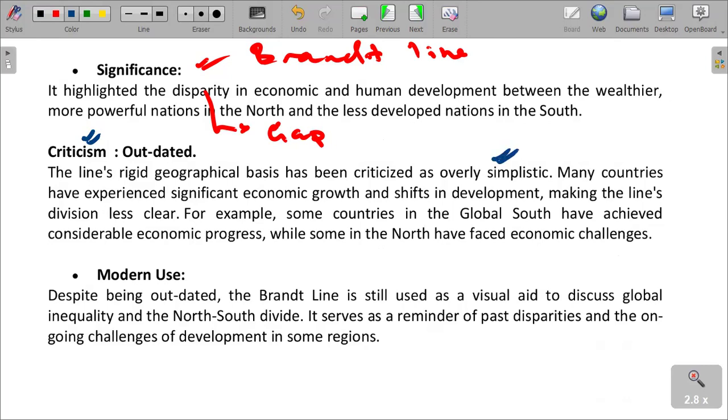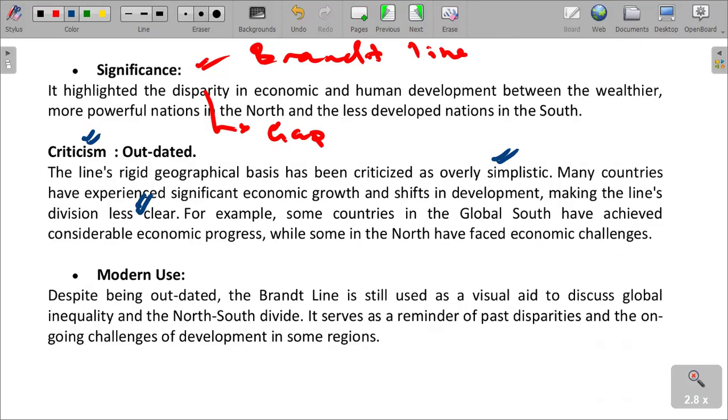It is just very simplified, because many countries have experienced significant economic growth and shifts in development, making the line's division less clear. So if we consider the line that I'm going to be showing in the next presentation, we are saying it is very rigid in terms of its position, which we talked about, that it runs on 30 degrees north latitude.